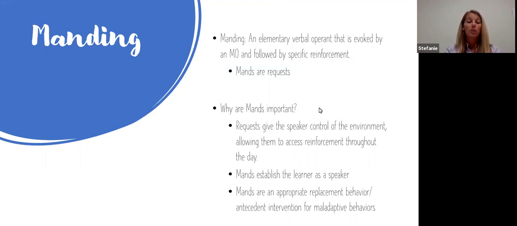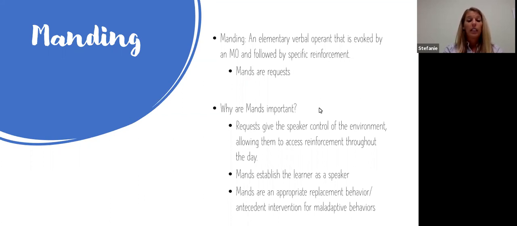Mands are super duper important because the requests give the speaker control over the environment, allowing them access to reinforcement throughout the day. It gives them control over their environment, so they kind of have a say in what is happening and what things should look like. It allows them to access reinforcement naturally, and it improves their quality of life.